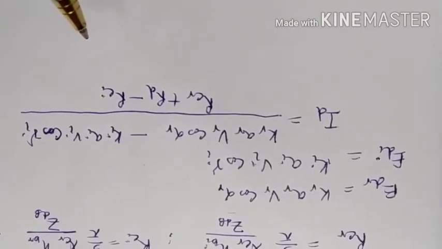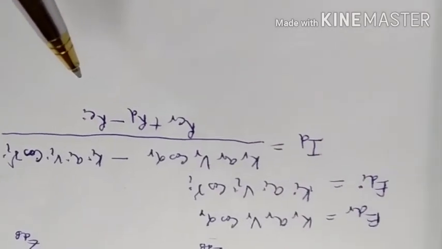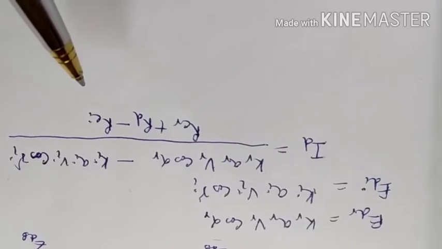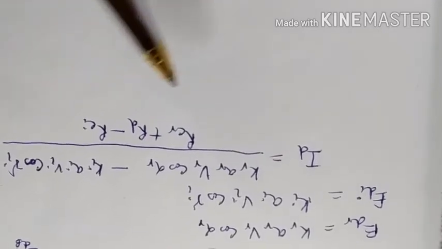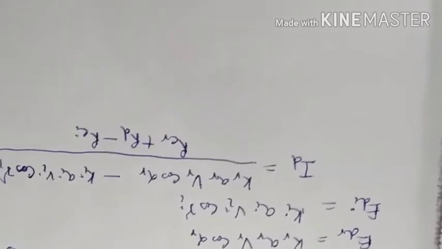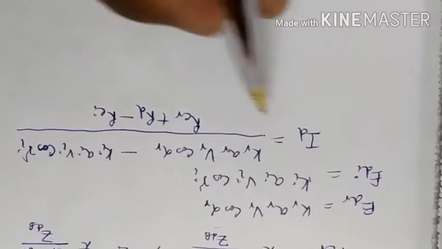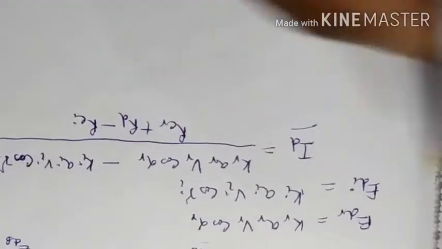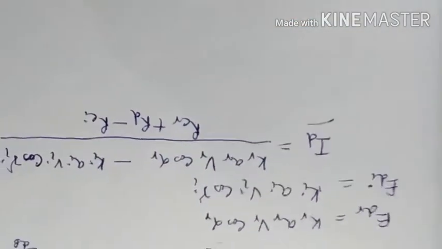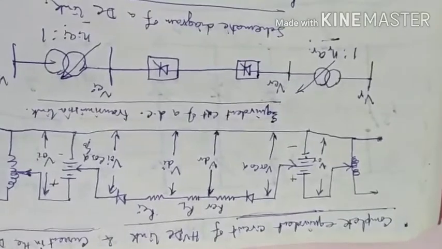So the voltage regulation function is usually assigned to the inverter, while the current control function is assigned to the rectifier for the above reason. So that is the DC current expression, and the earlier one is the equivalent circuit of the DC link.